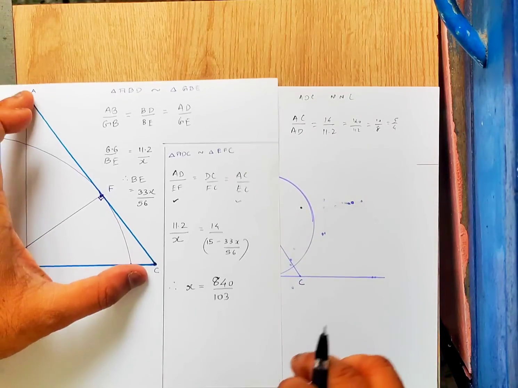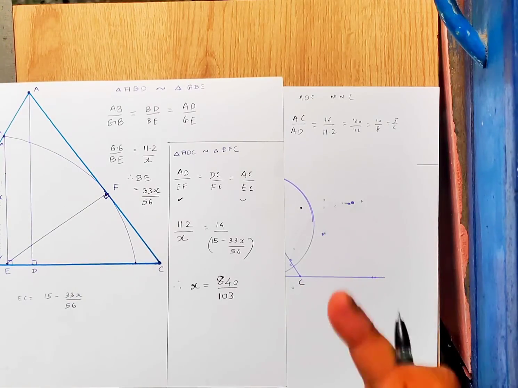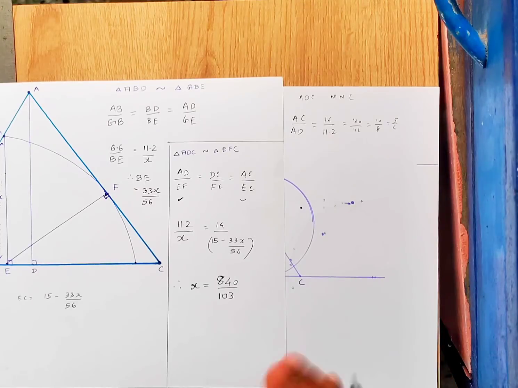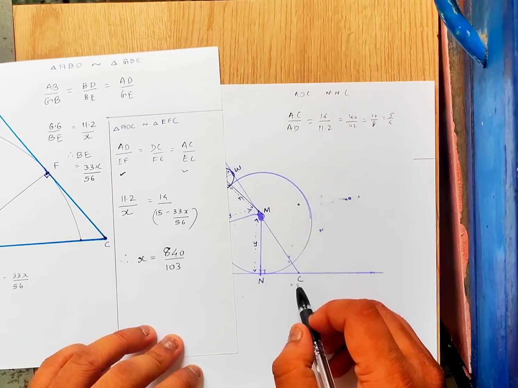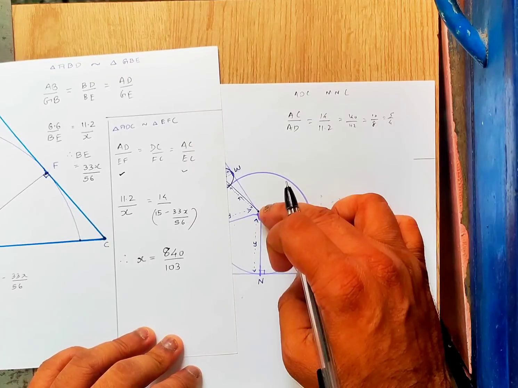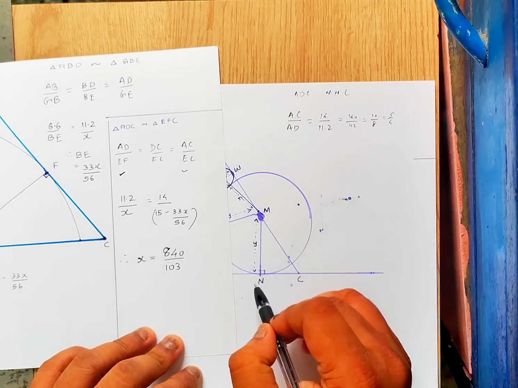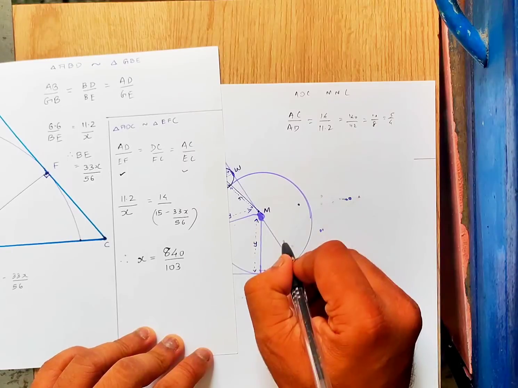Guys, AC is 5, AD is 4. This resembles a 3, 4, 5 triangle. That means the hypotenuse has to be 5, not exactly 5 units, I'm saying, but the ratio 5. So if MN is y, MC should be 5 by 4 times y, right?